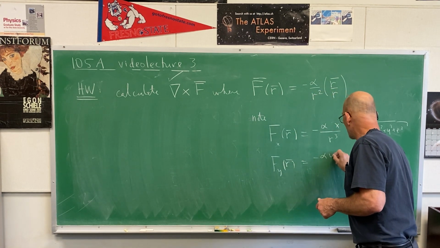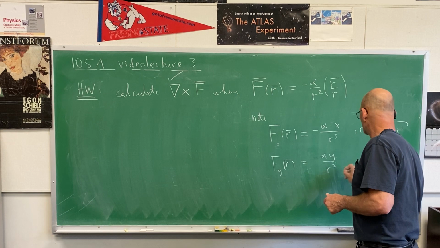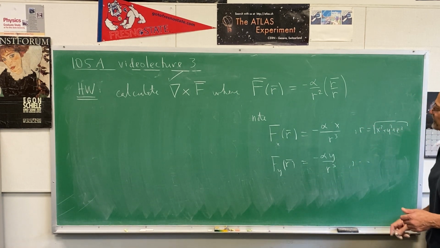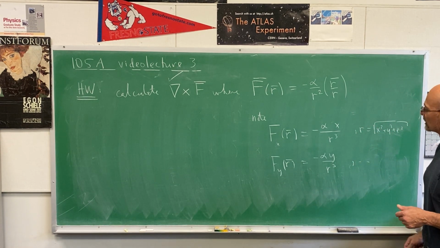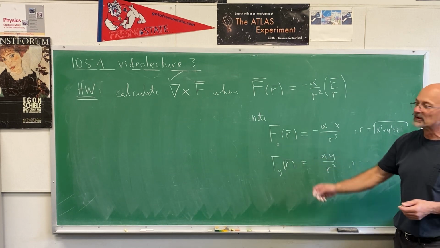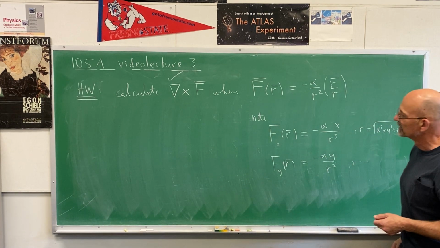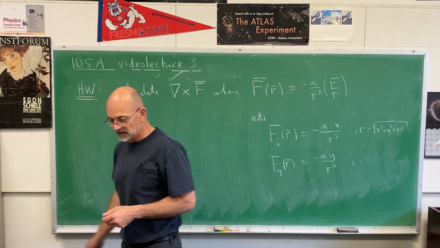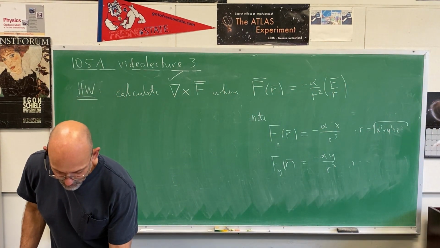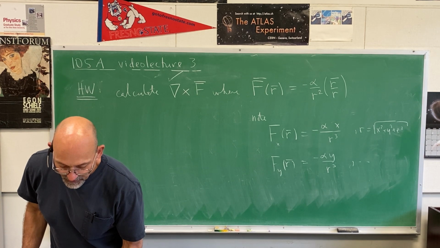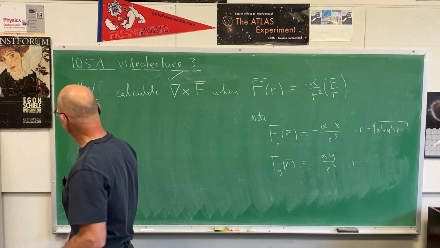Minus alpha y over r cubed, etc. Okay, calculate the curl of this. It had better be 0, but you know, you lovingly take all those derivatives. Now here's the best problem. The best one is the curl of an interesting vector field.